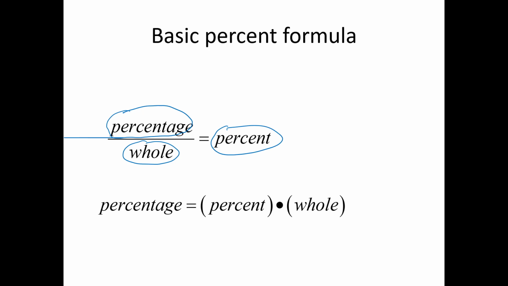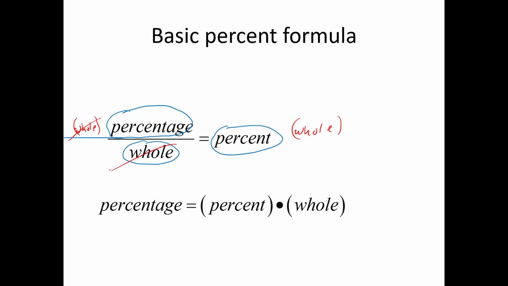But if you take both sides and multiply this formula by the whole, then over here the wholes cancel out and you end up with this other formula.